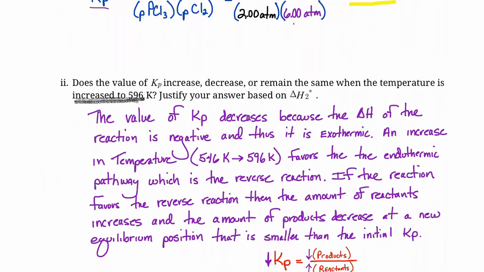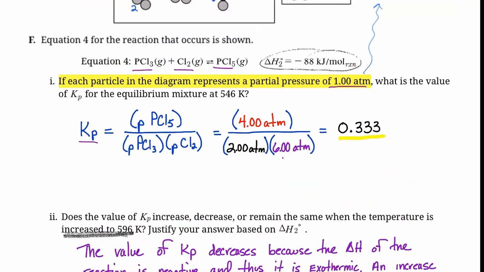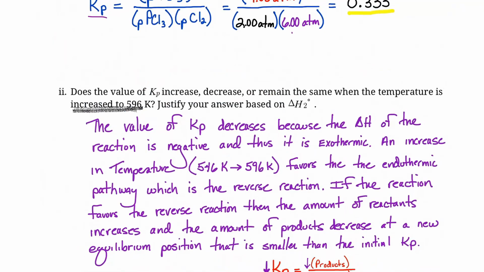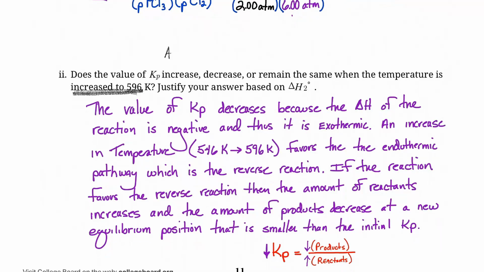A decrease in temperature, okay, is going to favor the exothermic pathway. So because this reaction is exothermic, I'll look at this reaction here just to simplify things. I'm going to make it A plus B makes C, and then I put the heat in here, like it's exothermic, it's releasing heat.